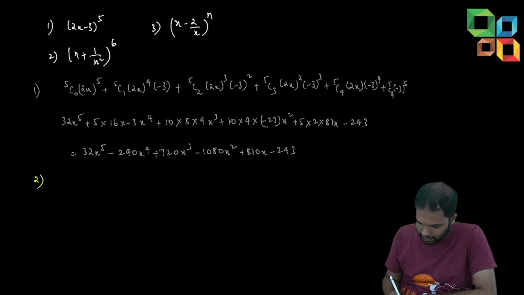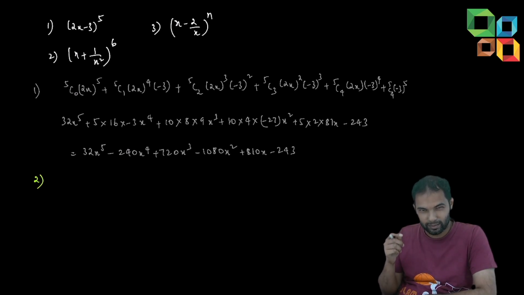So now the second one is x plus 1 by x square. Okay.